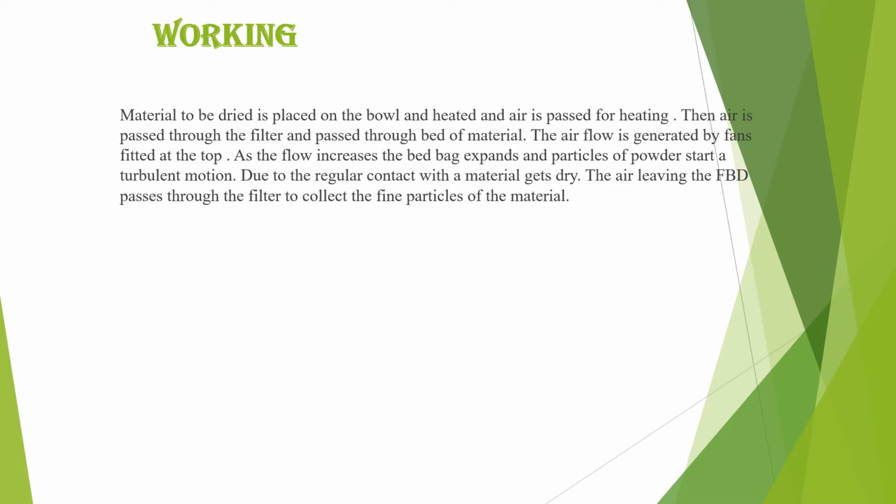The airflow is generated by fans fitted at the top, as per the previous diagram. At the top, one dust collector was there. As the flow increases, the bed expands and the particles of powder start a turbulent motion. Turbulent motion means the fan will start working.